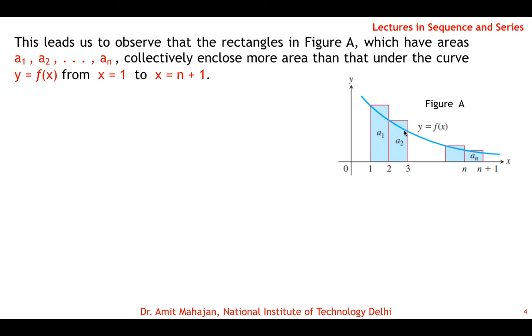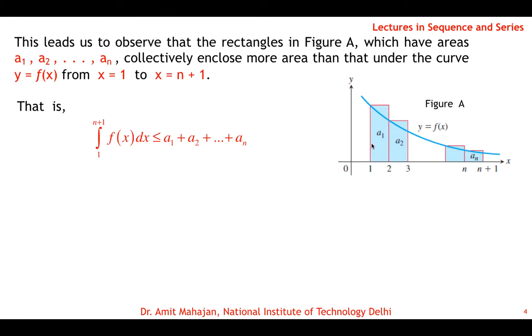So the sum of the areas of these rectangles is greater than the area under this curve, and we can write the area under the curve by this integral from 1 to n plus 1 of f(x) dx. So the area under the curve from here up to this point is less than the area of the rectangles. So that's one case when we made rectangles to the right of the integers.